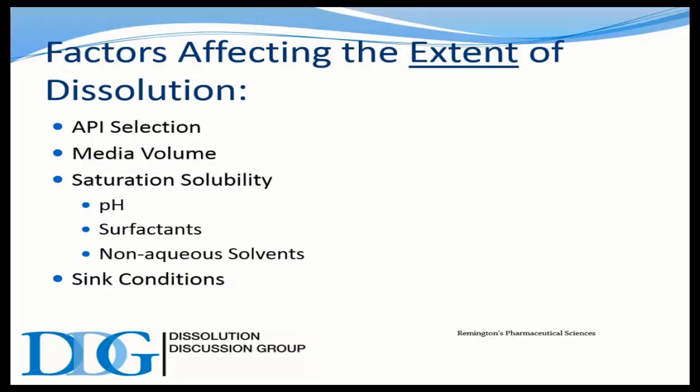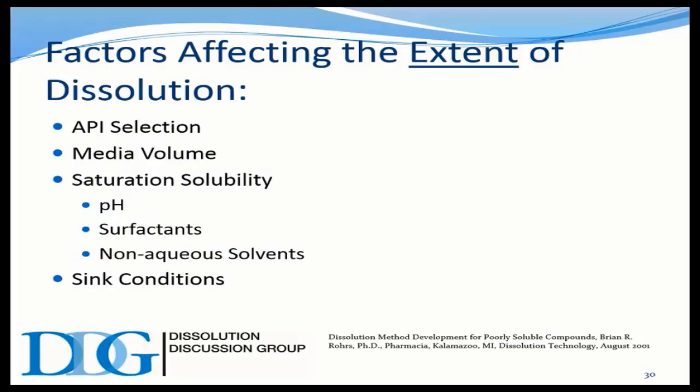Factors, we mentioned things that affect the solubility of the drug or the extent of drug. Of course, the API selection, the media volume, the saturation solubility in terms of pH, presence of surfactants, and non-aqueous solvents, which I'm using the word non-aqueous here to describe organics.